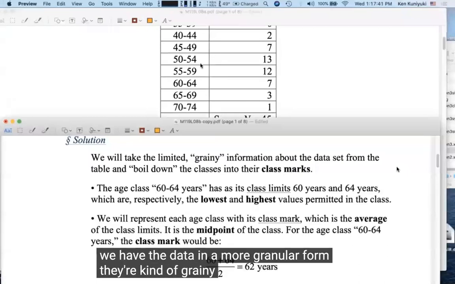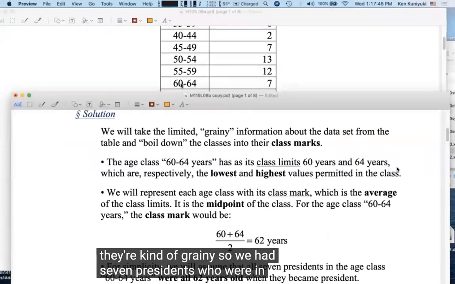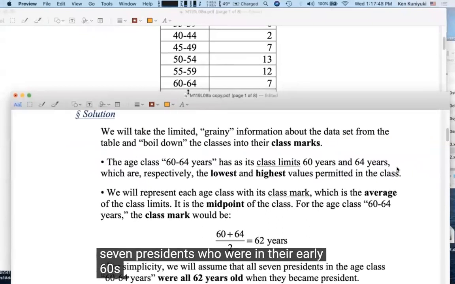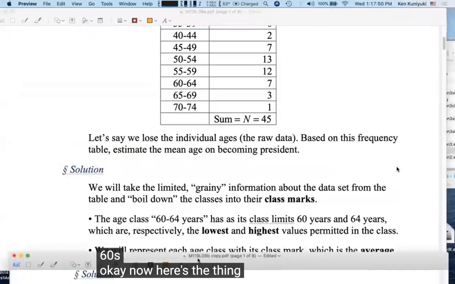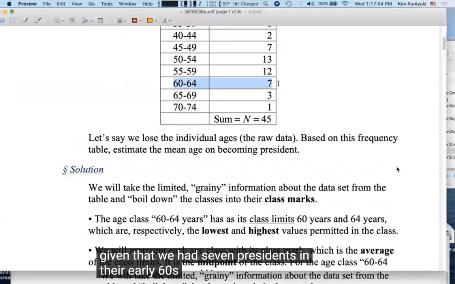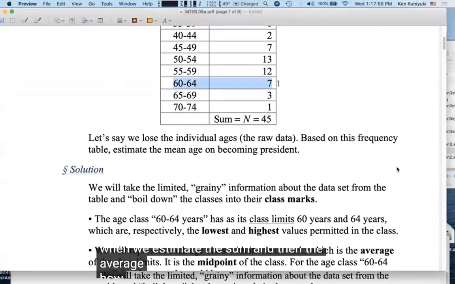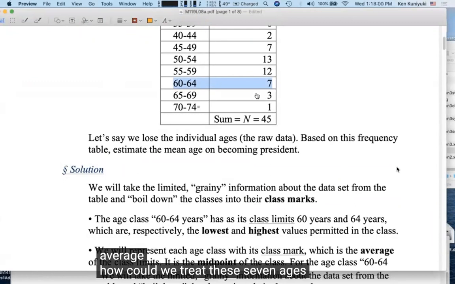They're kind of grainy. So we had 7 presidents who were in their early 60s. Now, here's the thing. Given that we had 7 presidents in their early 60s, when we estimate the sum and then the average, how could we treat these 7 ages?